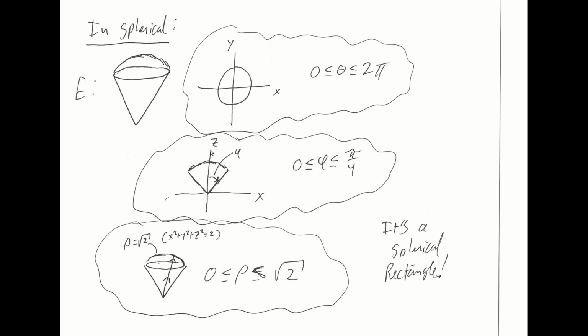Phi equal to 0 is the z-axis, phi equal to pi over 2 is the positive x-axis, and phi equal to pi over 4 is giving me this line on the 45-degree angle. So phi is going from phi equal to 0, where you could imagine taking a pencil, setting the eraser at the origin, and standing the pencil straight up, that's phi equal to 0. We then let it swing down until we hit phi equal to pi over 4.